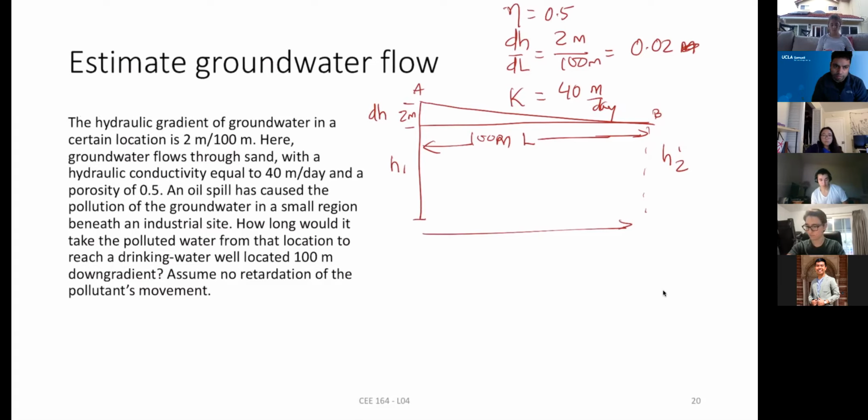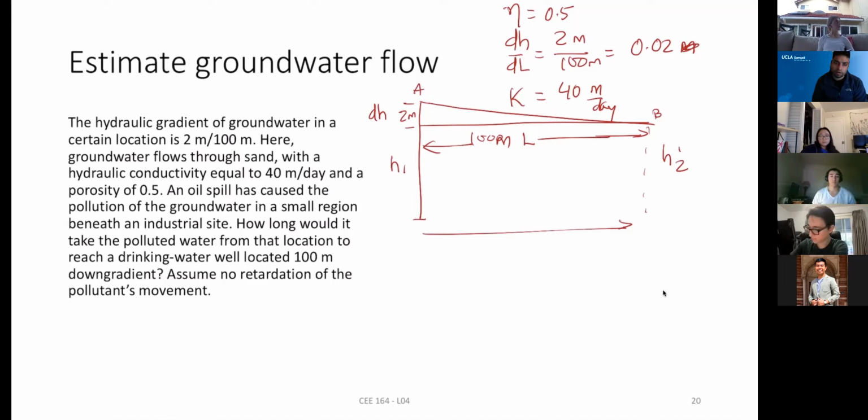An oil spill has caused the pollution of groundwater in a small region beneath an industrial site. How long would it take for the polluted water to move from that location to reach a drinking water well located 100 meters down gradient? It's basically asking how long it will take for pollutants to move that distance.